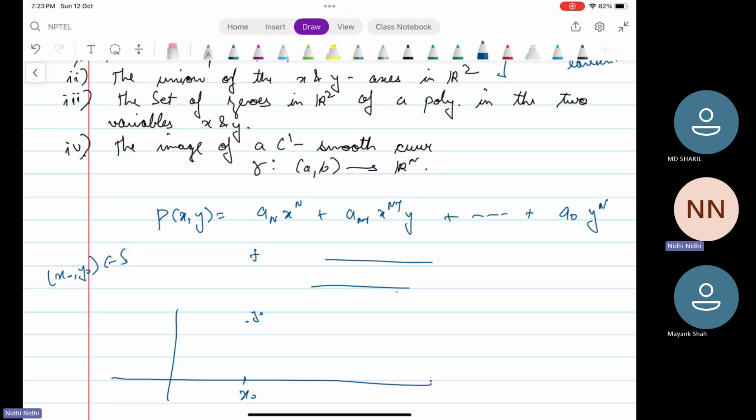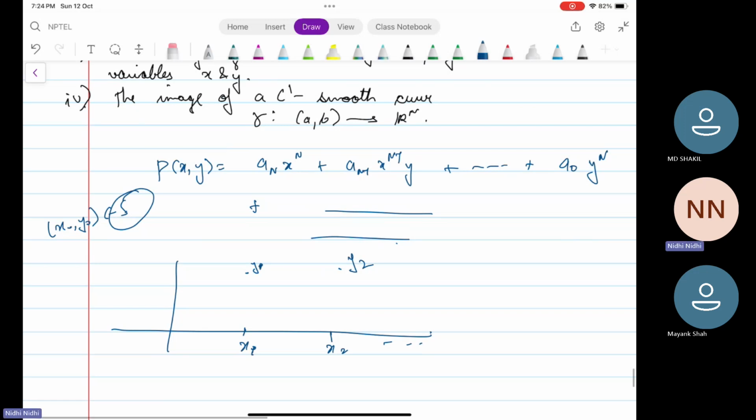I think the problem will be that this polynomial will eventually have some finite number of elements in this set S. So if this was a graph, then there exists a function f that takes value y1 at x1, y2 at x2 and so on.